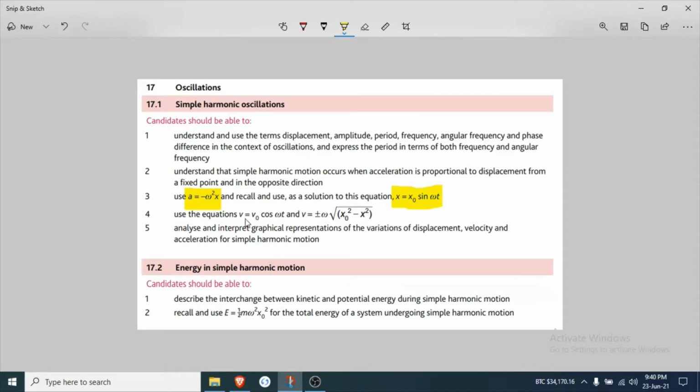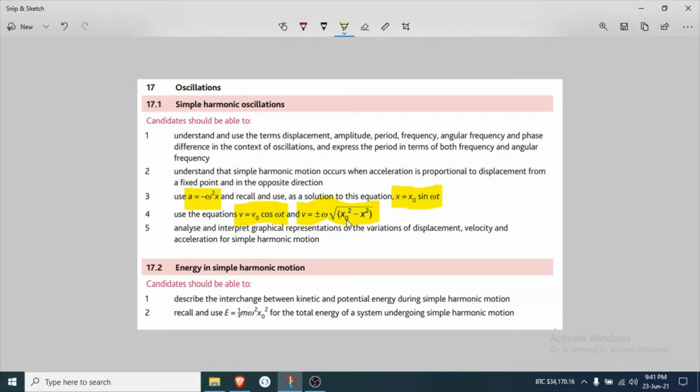If you differentiate that, you end up with velocity in terms of time, and we also derived this equation, which is the velocity at any position. Okay, it's a function of angular velocity.